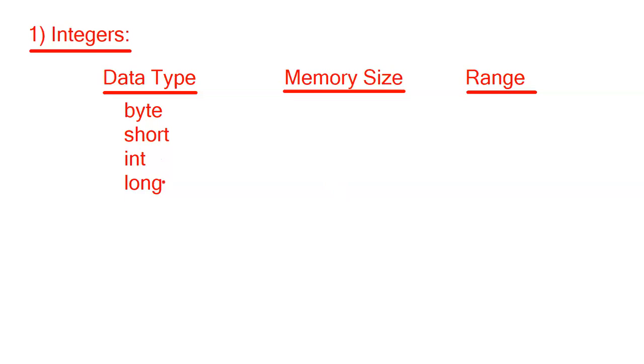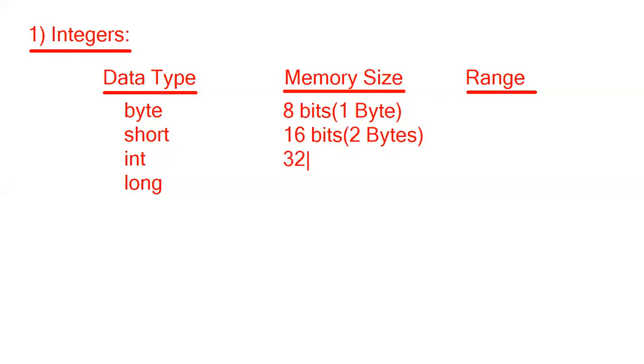Byte, short, int, long. Memory size: 8 bits, that is 1 byte. Here 16 bits, 2 bytes. Here 32 bits, 4 bytes. 64 bits, 8 bytes.